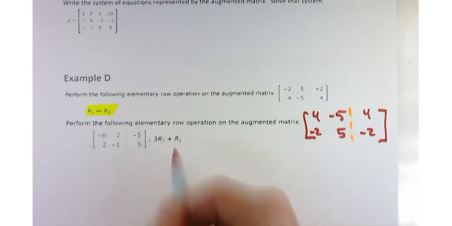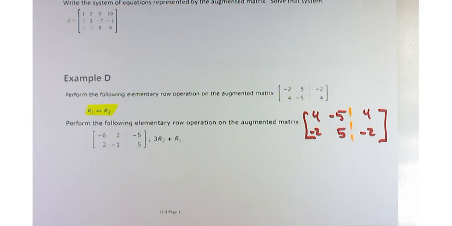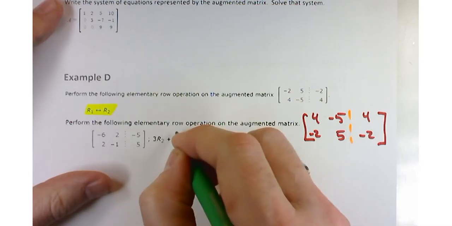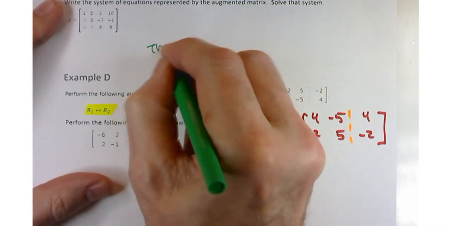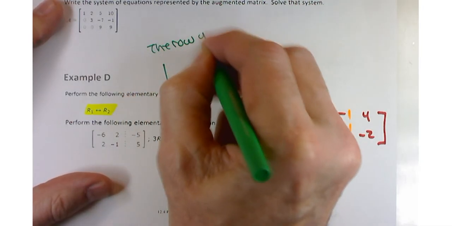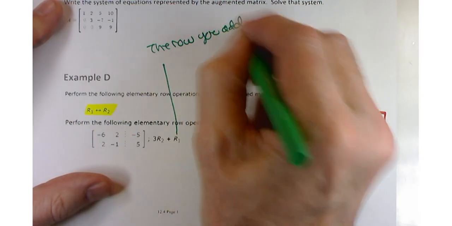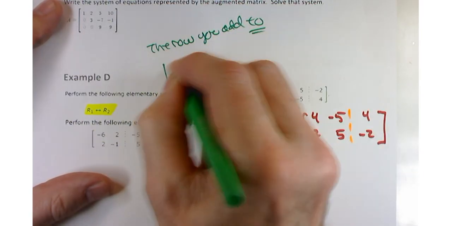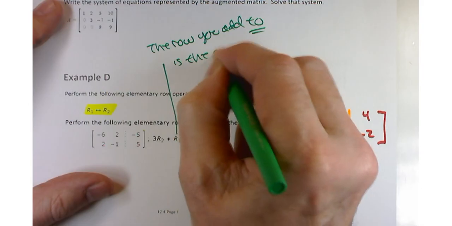Now it's the row that you're adding to that gets changed. So let me write that down here. The row you add to is the one that gets changed.